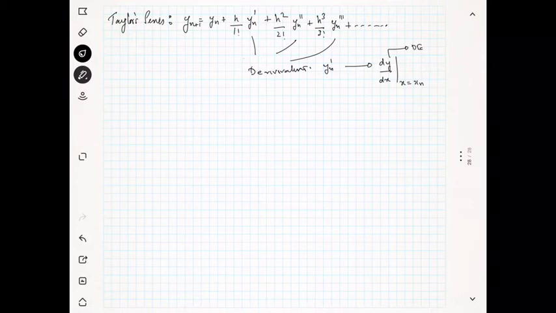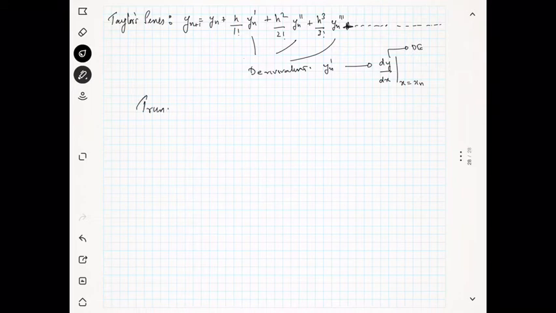Because this is an infinite series, you can see that this series will never end. So we will sometimes truncate this series. We will call it truncation.